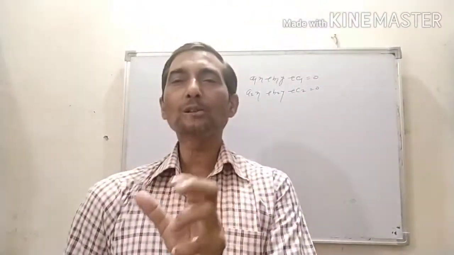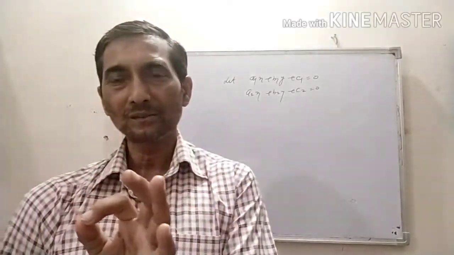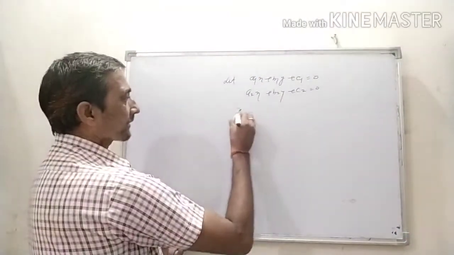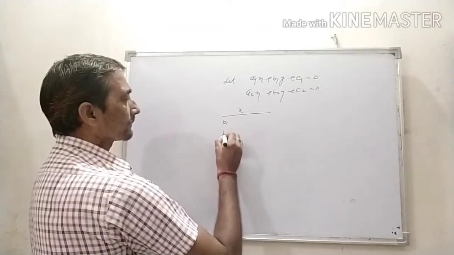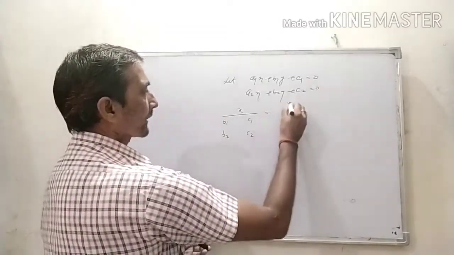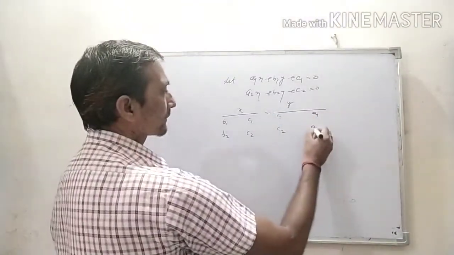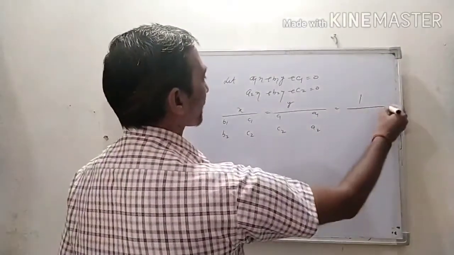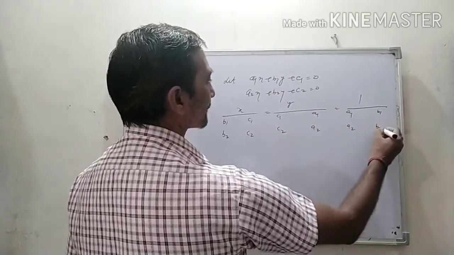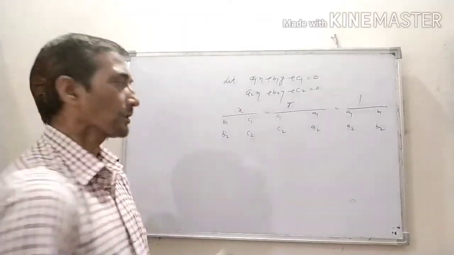A relation between the coefficients of x, y and the constants can be created: x upon b1, b2, c1, c2, y upon c1, c2, a1, a2, equal to 1 upon a1, a2, b1, b2. This relation is called the cross multiplication method.